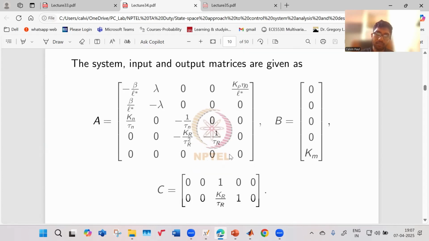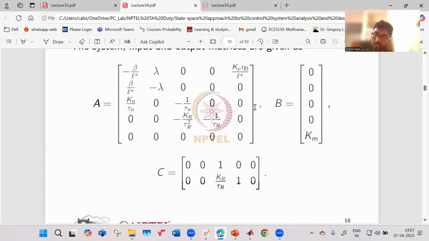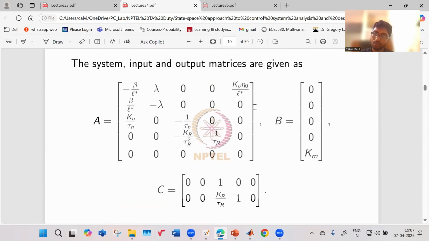And this can only happen if eta naught is greater than 0. If eta naught is 0, then it is no longer controllable. What if eta naught is less than 0? This is not possible because the neutron flux density has to be greater than 0. It cannot be negative. So eta naught can either be 0 or greater than 0.